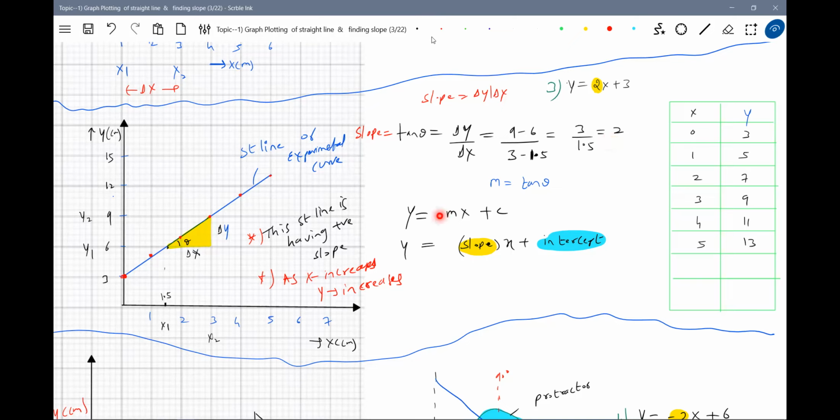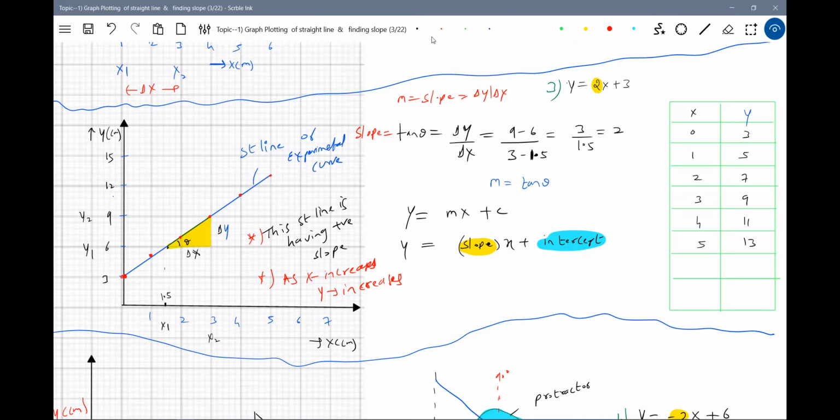Then what is the equation of a straight line? We write y equal to mx plus c, and this is what we write, m. Writing slope every time will be inconvenient, so we just write m. And instead of writing intercept every time, we just write c.